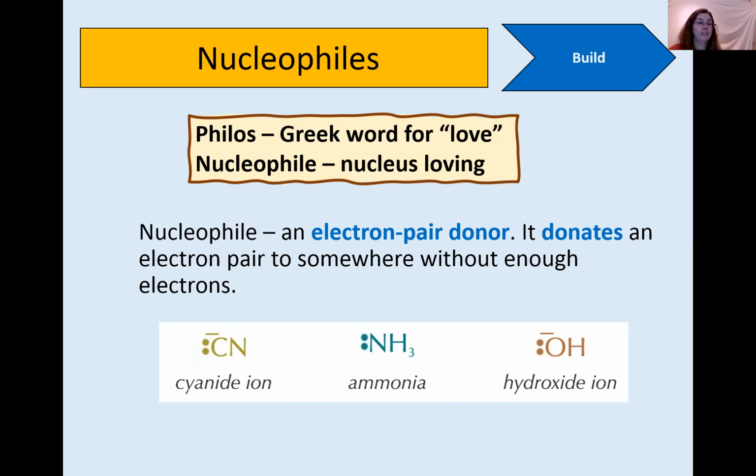Well, so does cyanide. And then the hydroxide ion has a lone pair of electrons. But you can draw these out. You can do the box notation. You can then do the sharing of electrons, and you can work this out. So cyanide ion, ammonia, hydroxide ion. There's the three we're going to be looking at. So again, make a note of those.